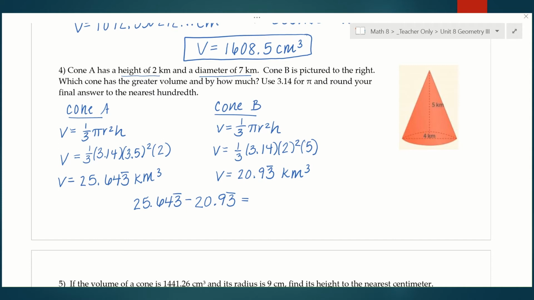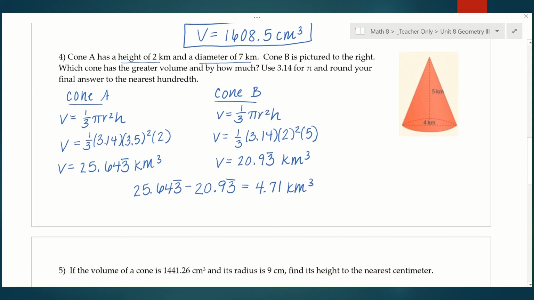That's totally fine, because we are rounding our final answer to the nearest hundredth, so going out 4 or 5 decimal places will be absolutely fine. The difference that I'm getting is 4.71 cubic kilometers. So let's answer this. Cone A has the greater volume.